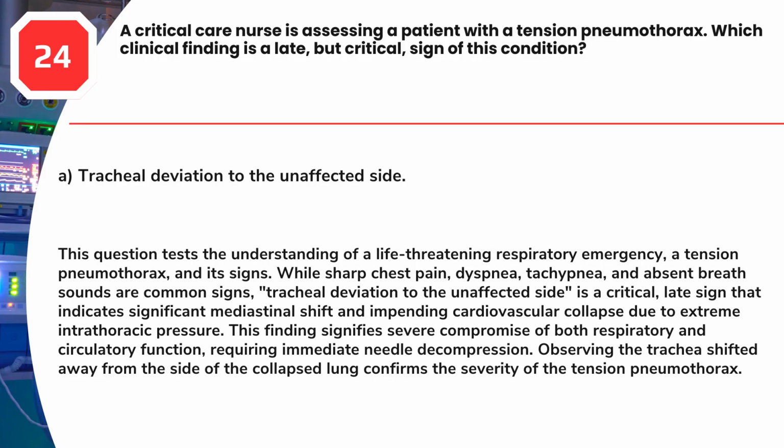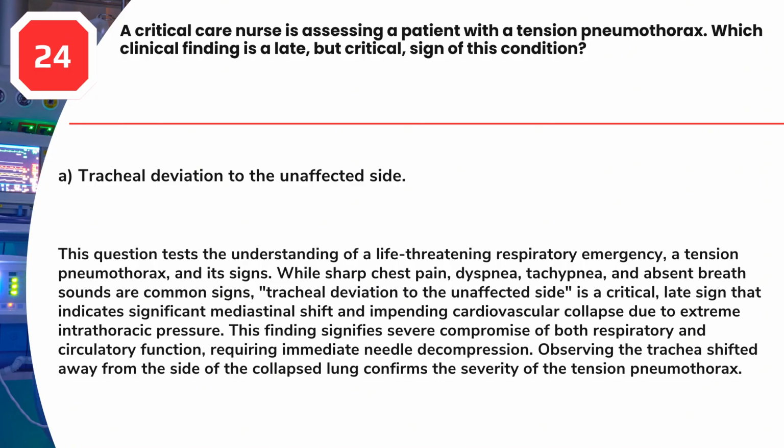Answer: A. Tracheal deviation to the unaffected side. This question tests the understanding of a life-threatening respiratory emergency, a tension pneumothorax, and its signs. While sharp chest pain, dyspnea, tachypnea, and absent breath sounds are common signs, tracheal deviation to the unaffected side is a critical, late sign that indicates significant mediastinal shift and impending cardiovascular collapse due to extreme intrathoracic pressure.